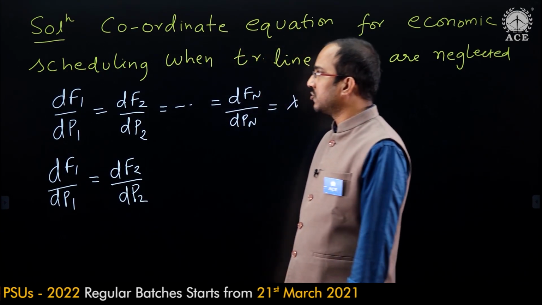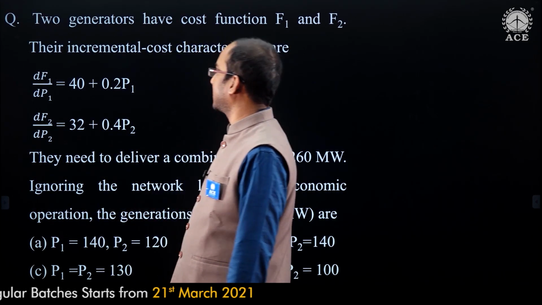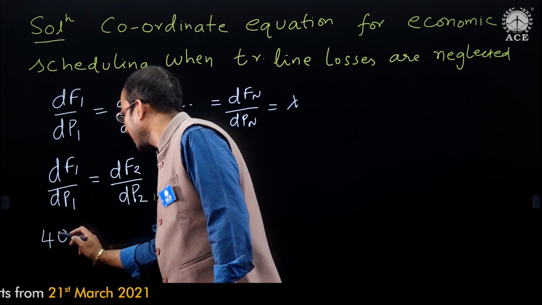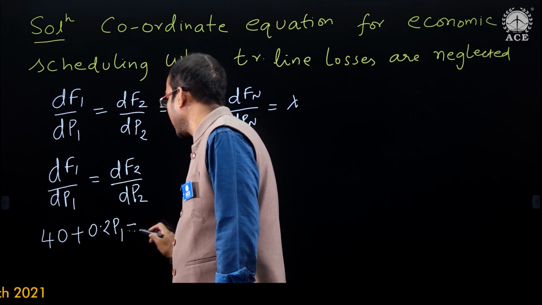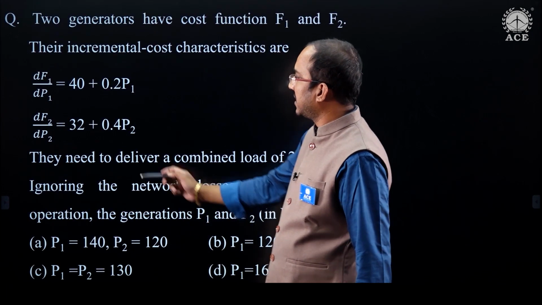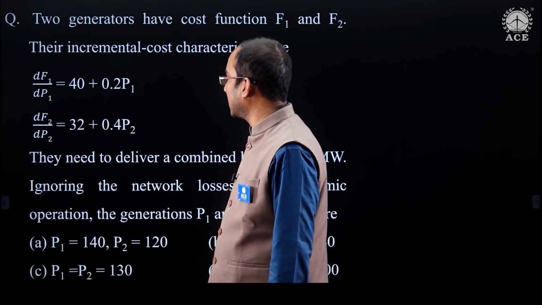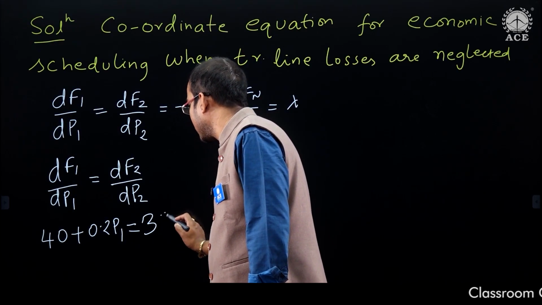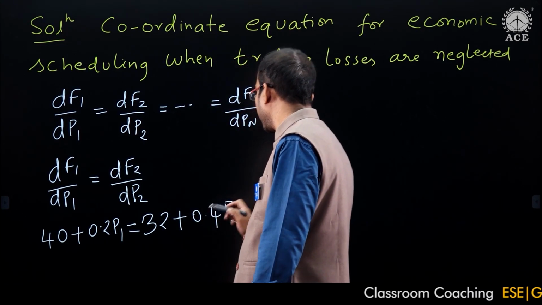So if you observe the question given, dF1 by dP1 is given as 40 plus 0.2 P1, and dF2 by dP2, that is incremental fuel cost of the second unit, is given as 32 plus 0.4 P2.